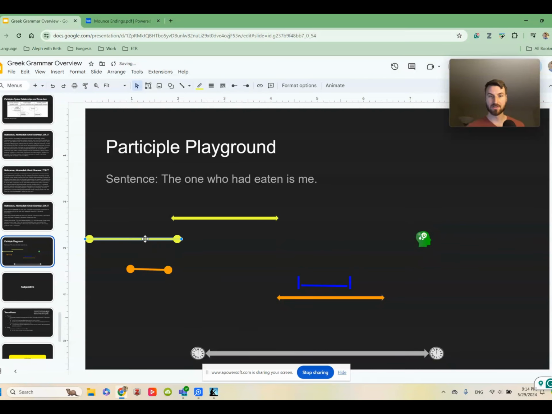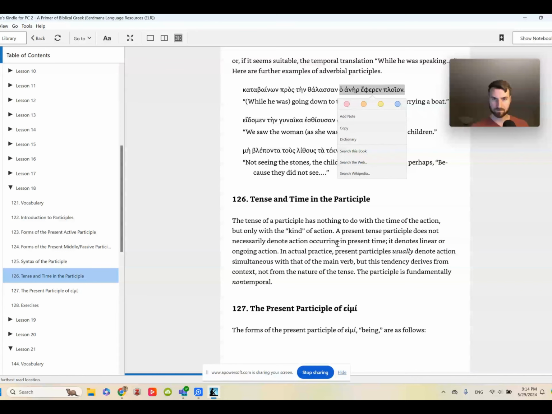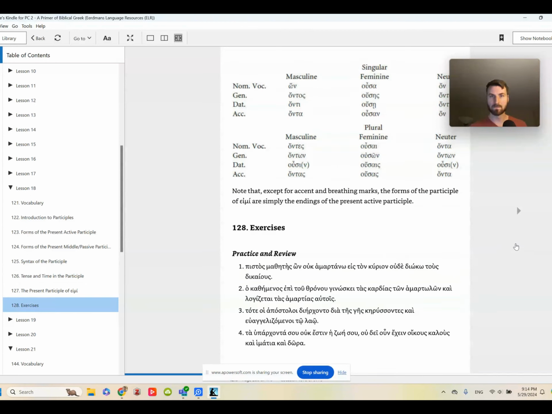So here, this would be he was carrying the boat while going down to the sea. So we're using a present imperfective aspect participle. And so this is giving the underlying situation in which the main verb is happening. So here, going down to the sea, he was carrying the boat. So that's the meaning there. Yes, tense and time are not in the participle.